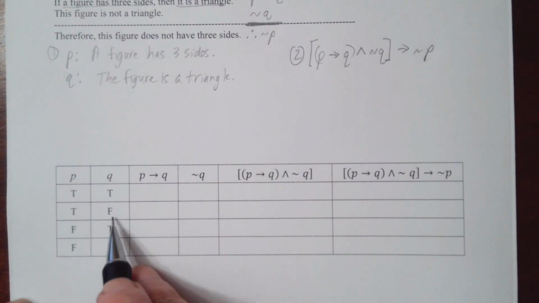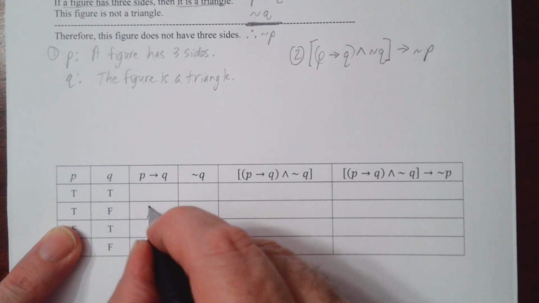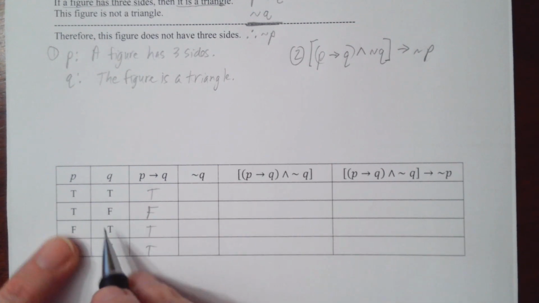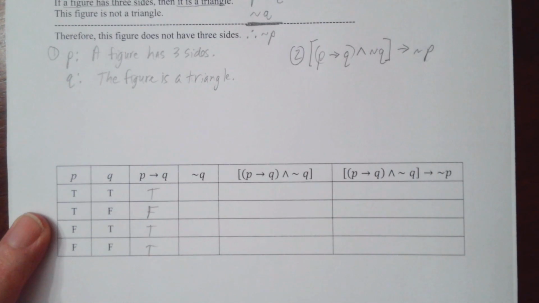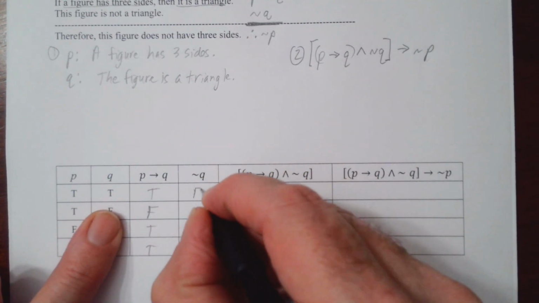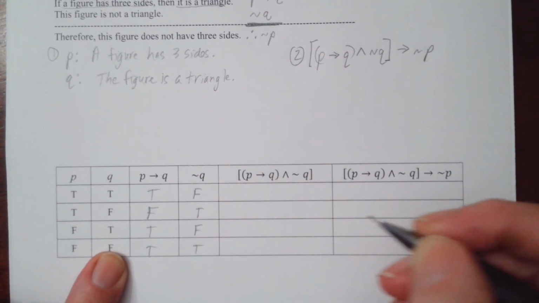That's this case here where P is true and Q is false. So this is false. The others would be true. Now not Q is just the opposite of our Q column. So false, true, false, true.